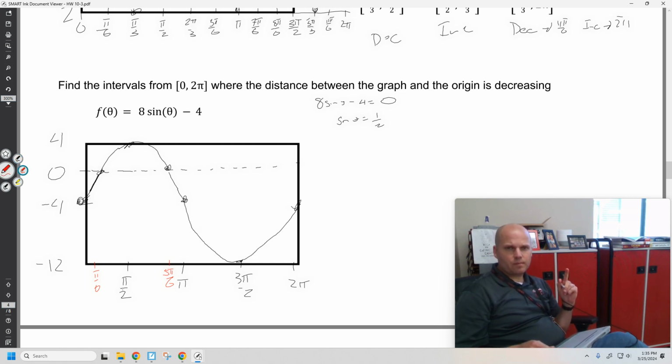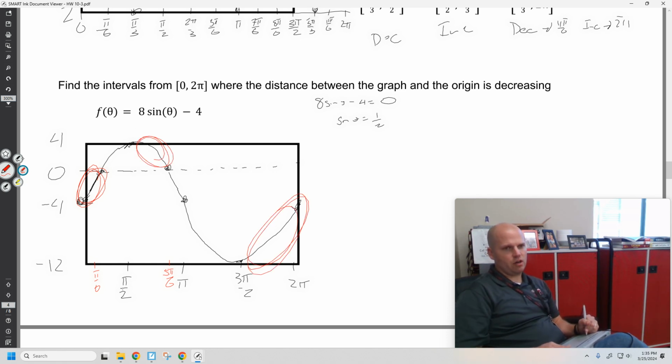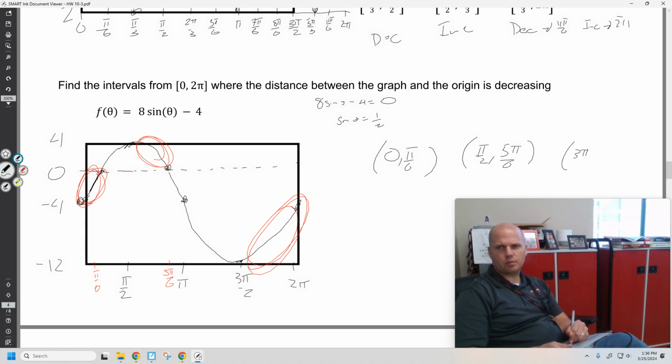When is the distance between the graph and the origin decreasing? Getting closer to 0. That's what you have to look at. Negatives increasing, positives decreasing. So we're talking about 0 to pi over 6, pi over 2 to 5 pi over 6, 3 pi over 2 to 2 pi.